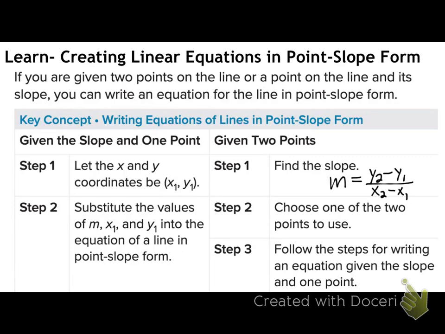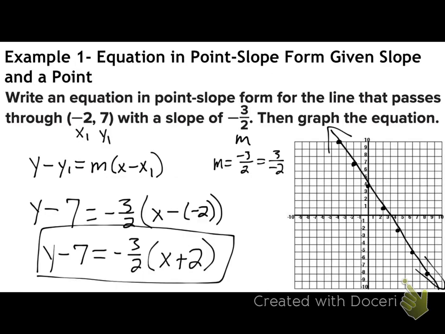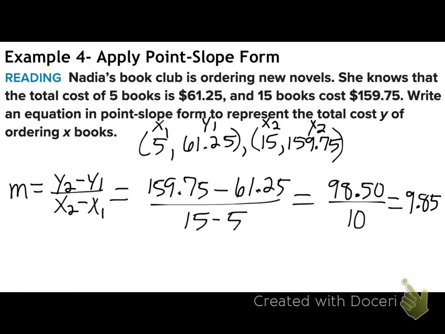After we find the slope, what's our next step? Choose one of the 2 points to use. I'll go ahead and throw both answers up here again. We'll go ahead and use both points. Let's use the first ordered pair first. Remember, does it want our answer in point slope or slope intercept? Point slope. So we want it in y minus y1 equals m times x minus x1.